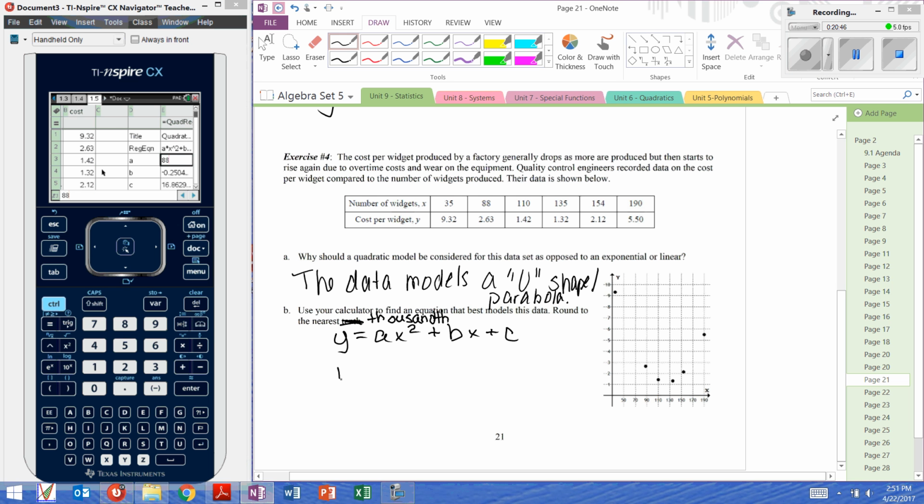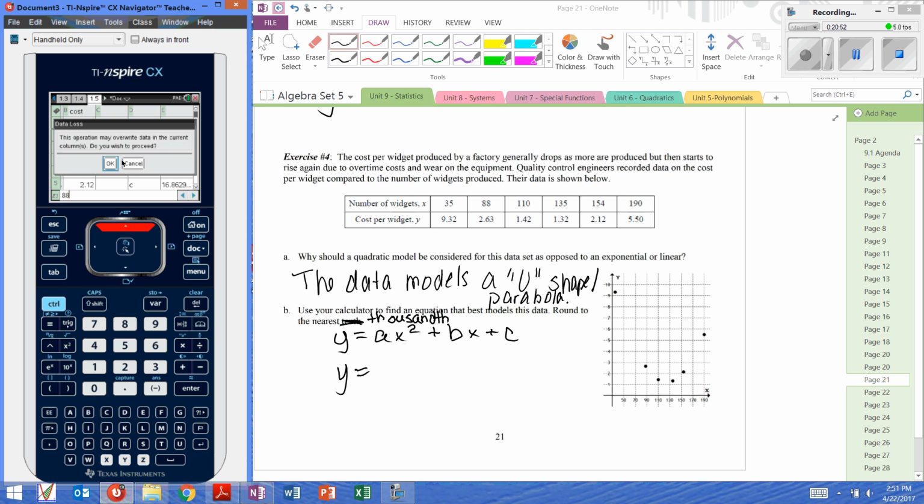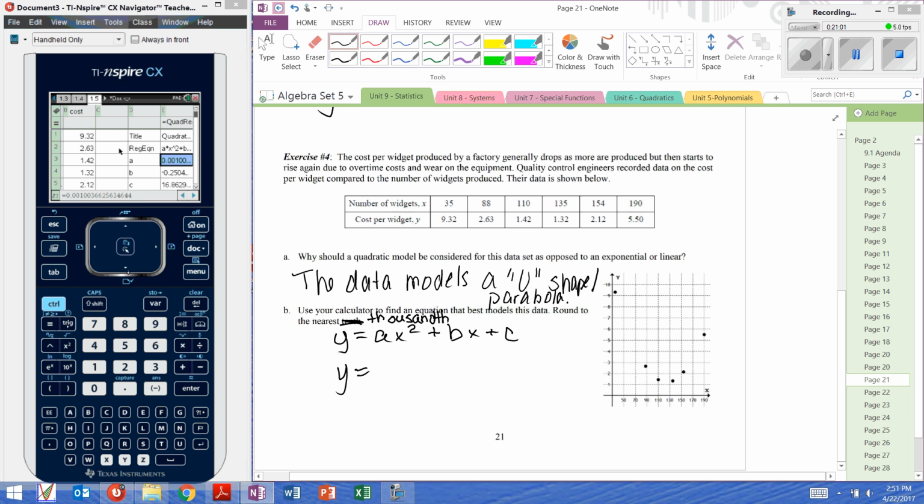So here we will have y is equal to, and our a is, oh, that was weird. I didn't mean to do that. I must have hit that with my hand. So 0.001 is our a value. So 0.001x squared.